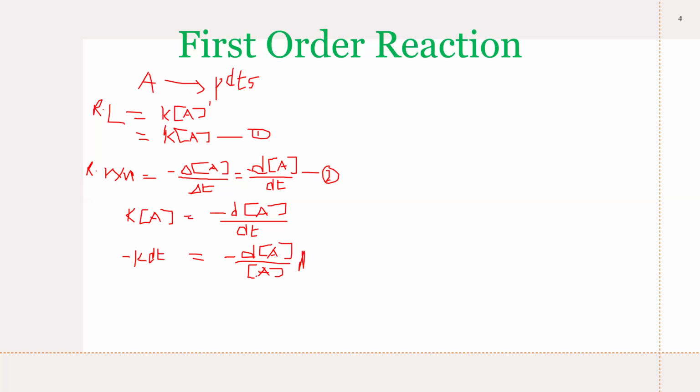Now we can also rewrite this in another form as negative k dt, which is also equal to 1 over the concentration of A, then d of the concentration of A. Let me clean the negative sign because I brought my negative sign here.